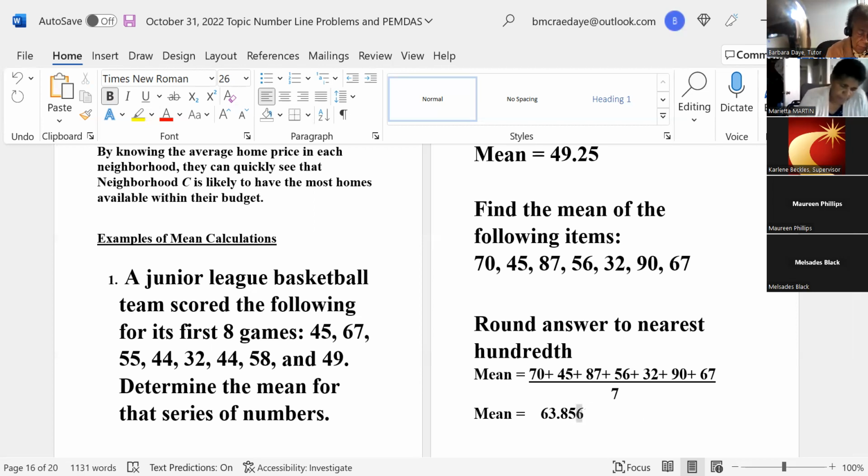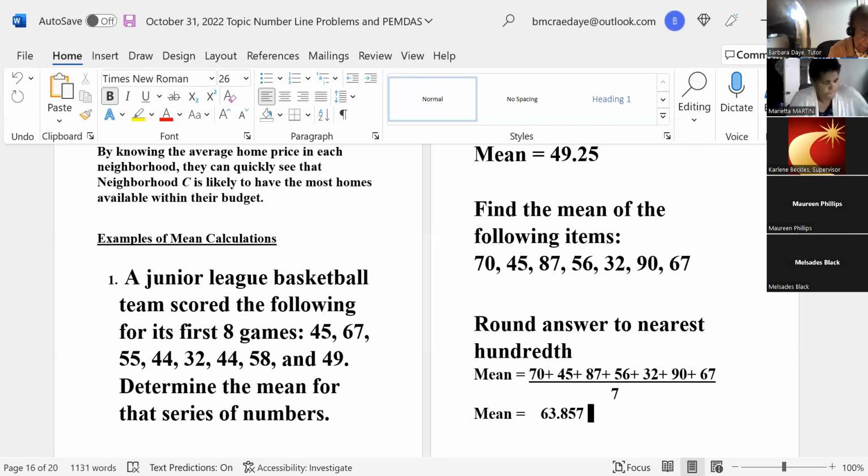And what comes after the 5? 7. Okay, so if your number is 5 or greater, you bump the number up 1. Mercedes, this number is 5 or greater, so this 5 goes to a 6.